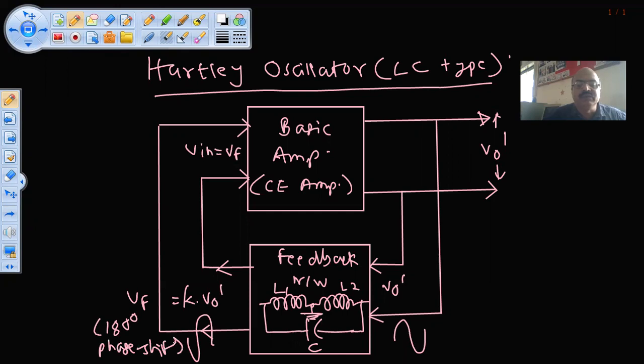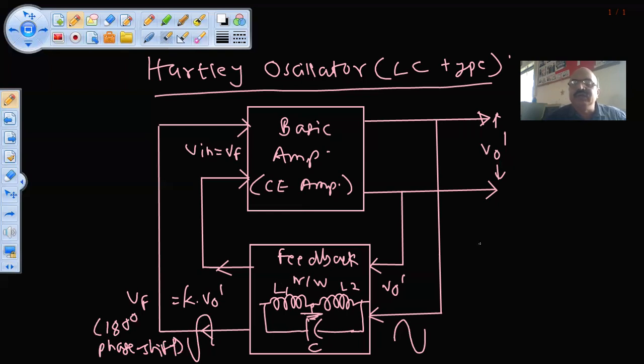Who gives this phase shift? It is this feedback network. L1, L2, and C form the feedback network. Okay, so this is the basic block diagram of your Hartley oscillator. The CE amplifier, common emitter amplifier, works as the basic amplifier and provides the gain. Then the feedback network consists of L1, L2, and C.